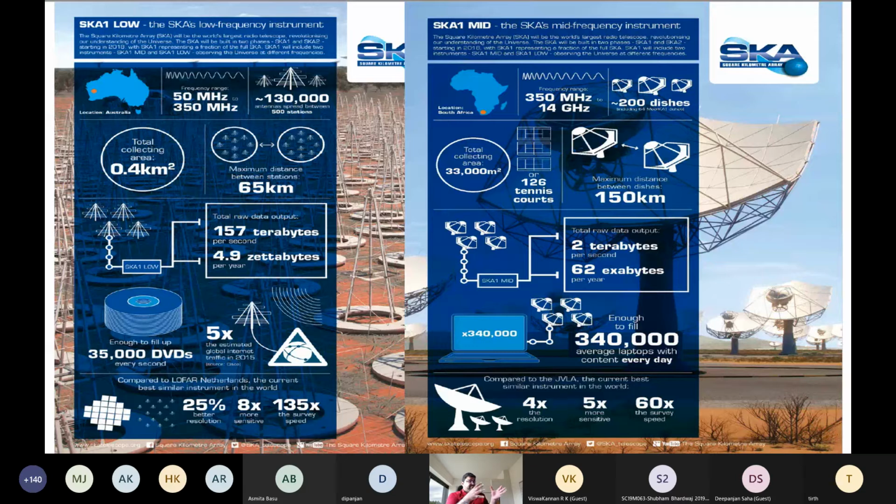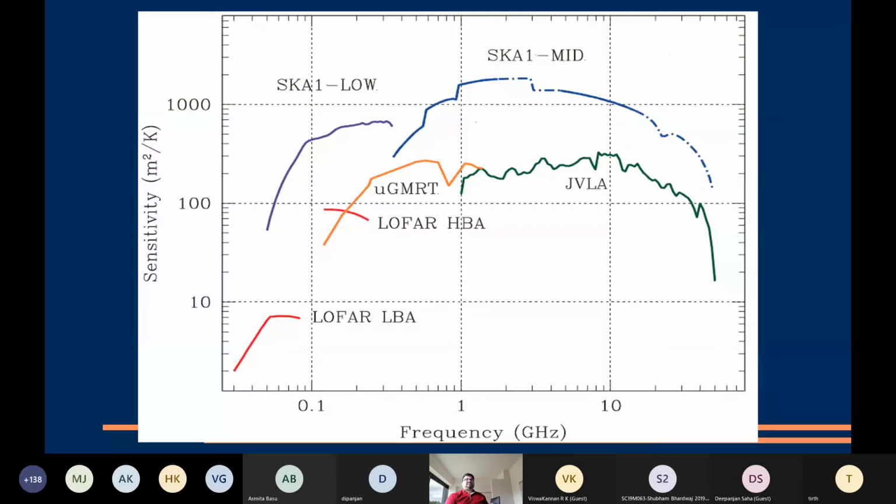But here the regime is different. Here, storing the data is much costlier than actually re-observing. So it's kind of a regime change between what we are doing right now and what we are going to do in about a decade or maybe less from now.